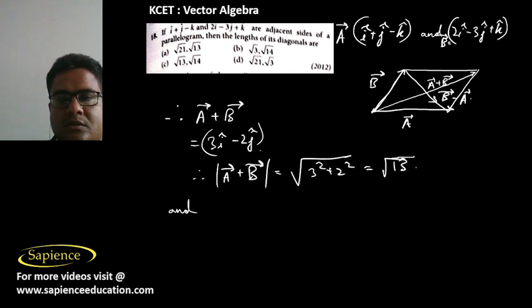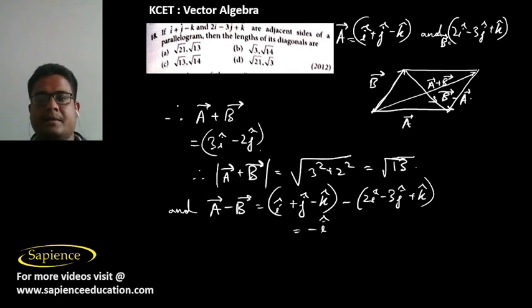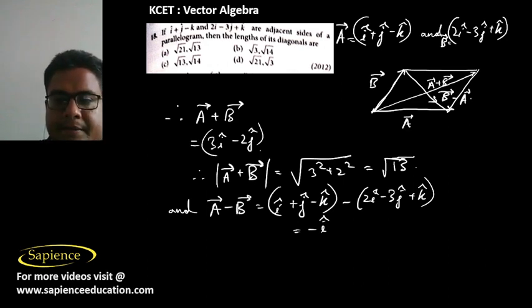And A minus B vector is equal to i cap plus j cap minus k cap minus 2i cap minus 3j cap plus k cap, which is i cap minus 2i cap, that is minus i cap, plus j cap plus 3j cap, that is plus 4j cap.